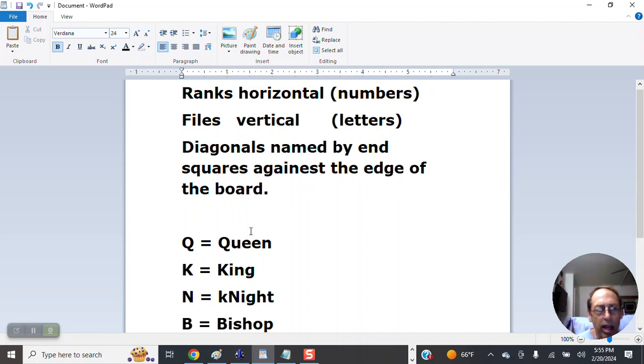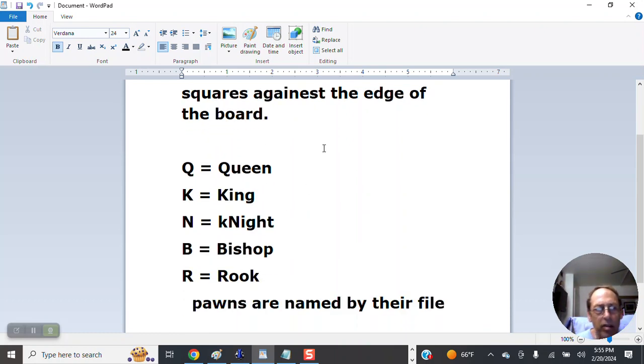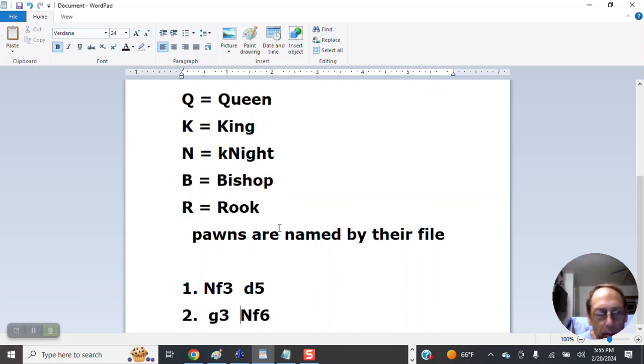And when we write down a move that's not a pawn move, we start with a capital letter based on which piece moved, and then we write the square that it moved to. Now later on we'll learn about a special way to write a move when two pieces of the same kind are both able to go to one and the same square. That only happens with knights, rooks, and occasionally with queens if you have more than one.